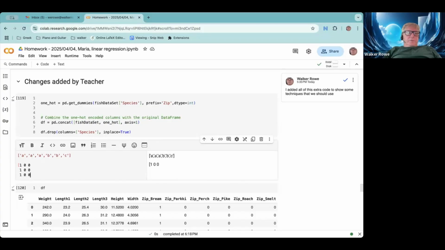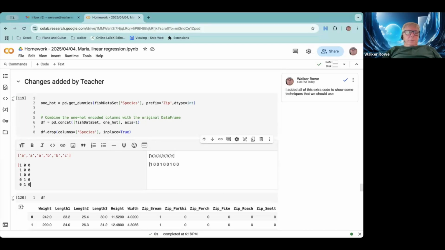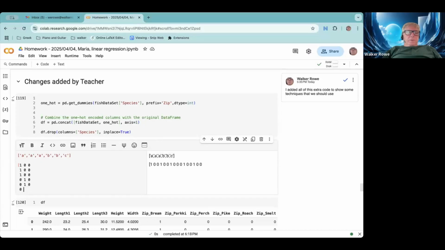Then the next one's going to be 0, 1, 0. Then 0, 0, 1. You see why? Because that shows an A, that shows a B, and that shows a C.